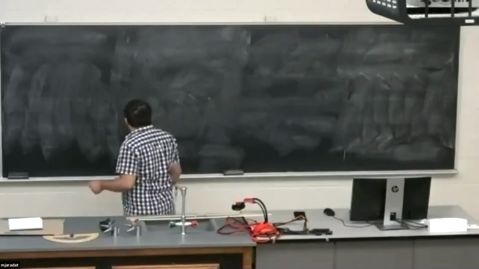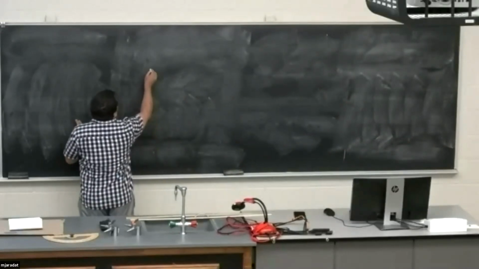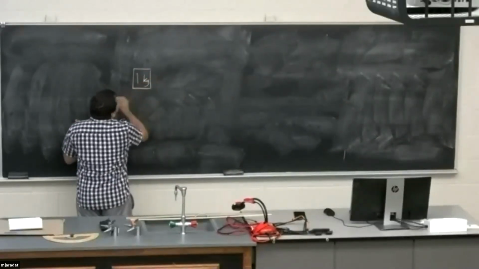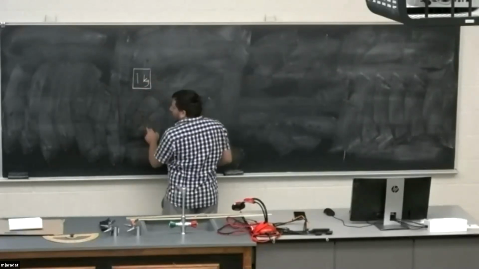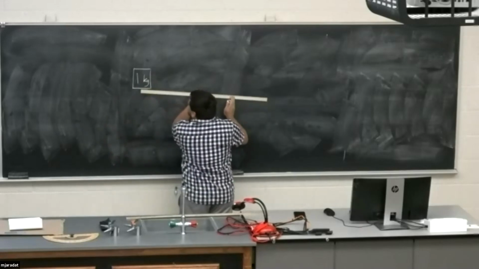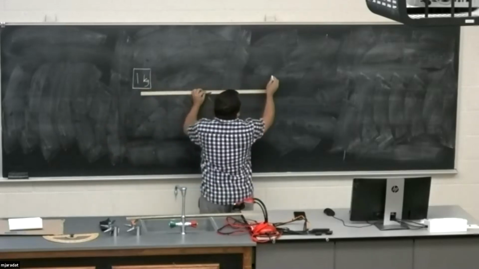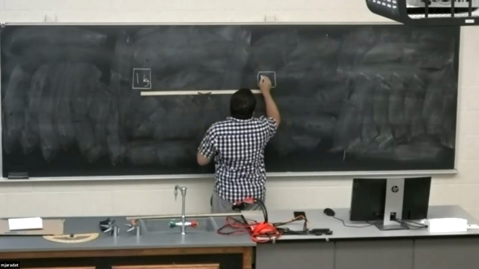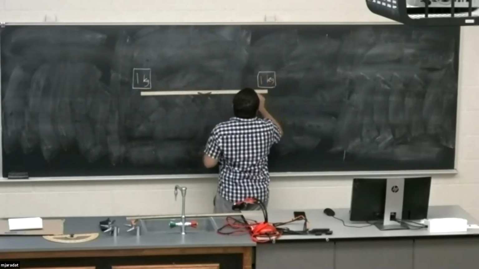For example, if we have two objects, this one is 1 kilogram, and there is a distance between its center and another identical object, 1 kilogram.